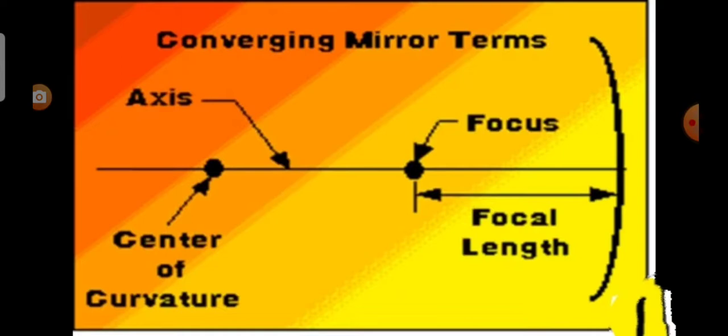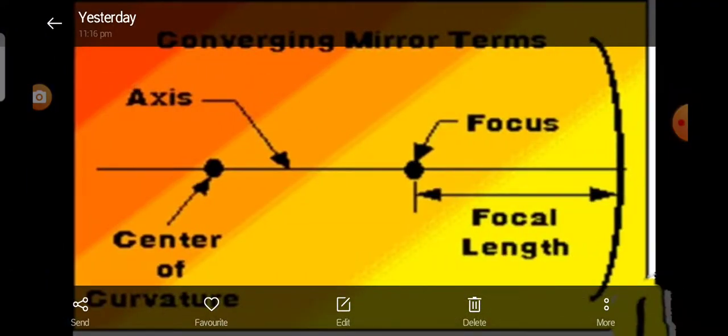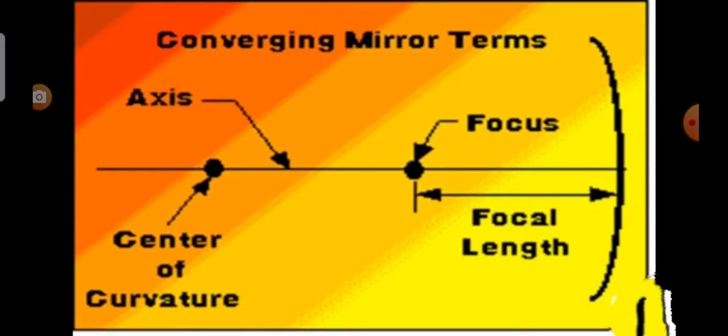Principal axis: the line joining the pole of the mirror and its center of curvature is called the principal axis. Focus: when a beam of light is incident on a spherical mirror, the reflected rays converge at or appear to diverge from a point on the principal axis.